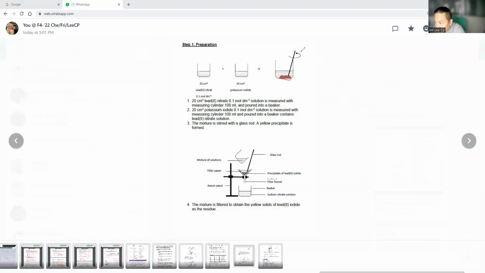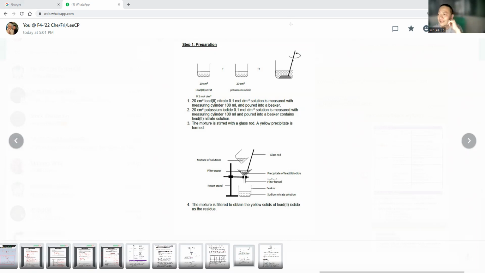This one you need to memorize how to write, because in paper three, starting from last year, physics, chemistry, and biology are done together. We don't know which one you need to write the procedure for.